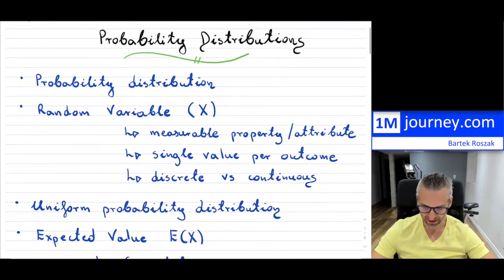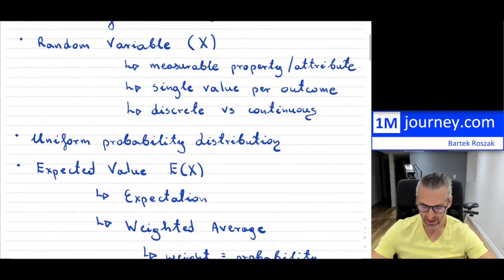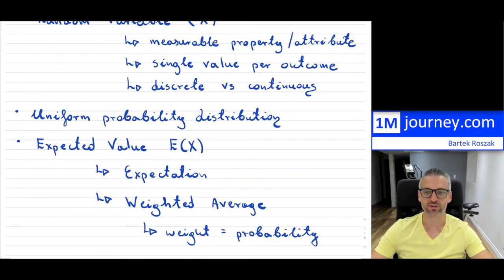Another aspect that we'll try to touch base on is uniform probability distribution, which happens quite often, like flipping a coin or rolling a die, assuming that the coin and the die are actually fair. And then I'll try to explain to you the expected value, sometimes known as just the expectation. It's not really called the weighted average, but from elementary school and maybe at some point in high school, if you studied weighted averages, then the expected value is kind of an equivalent thing.